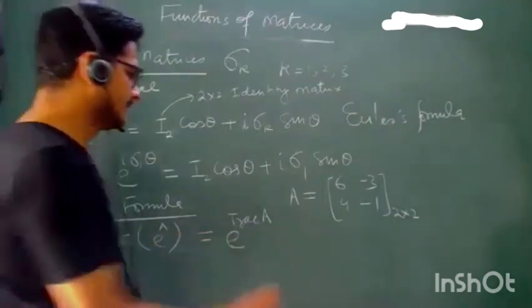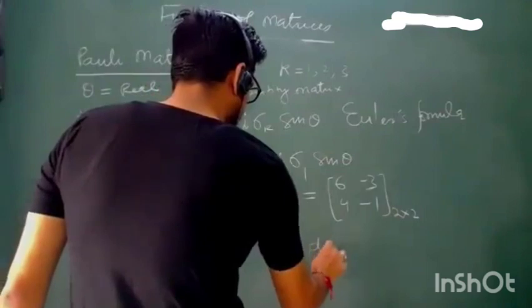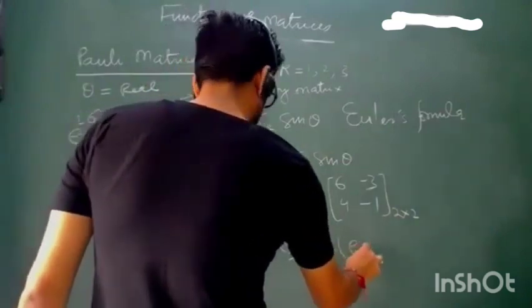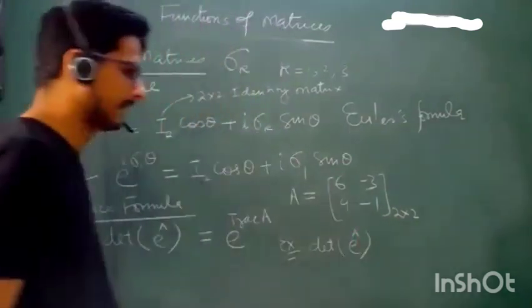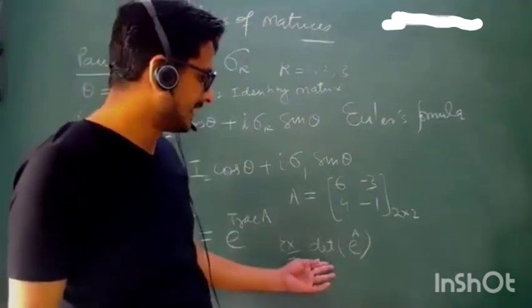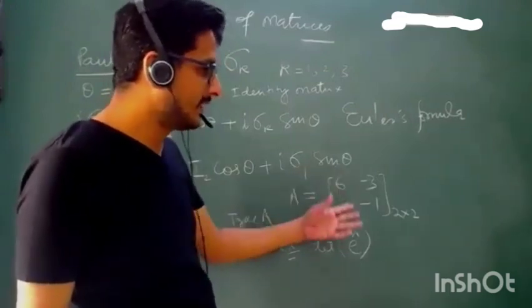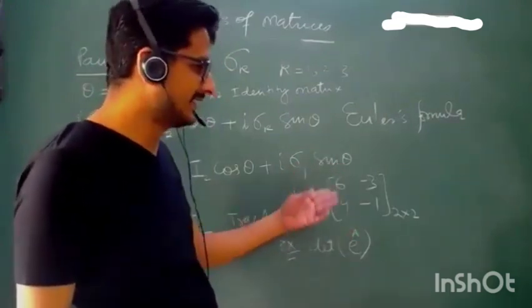So suppose this is the matrix and we want to write the determinant value of e to the power A. So how will you calculate this? First of all, you will calculate eigenvalues, eigenvectors, P inverse, right?